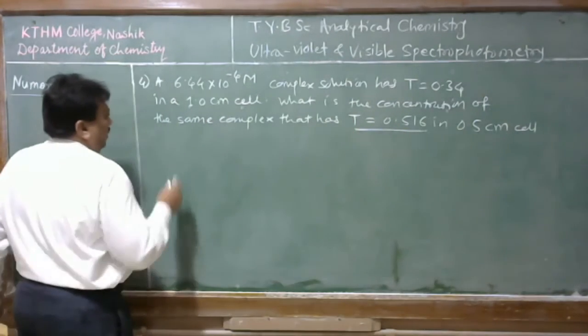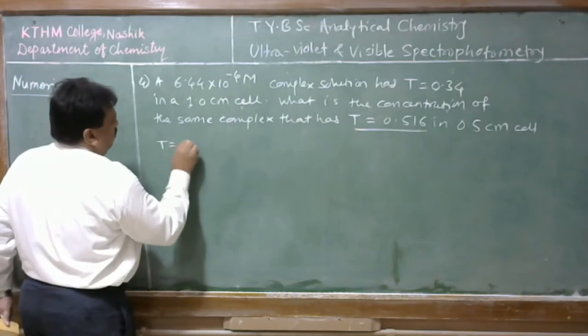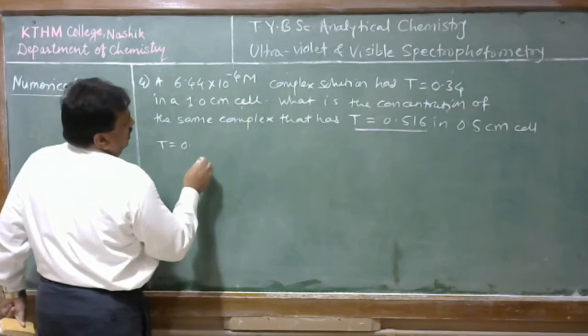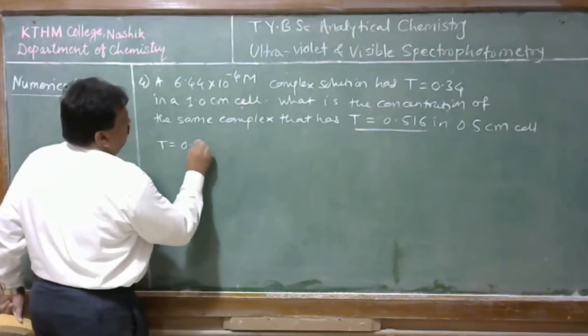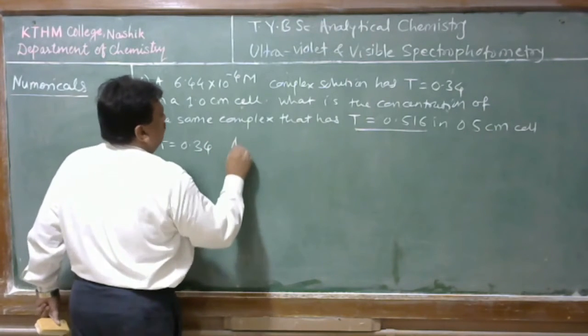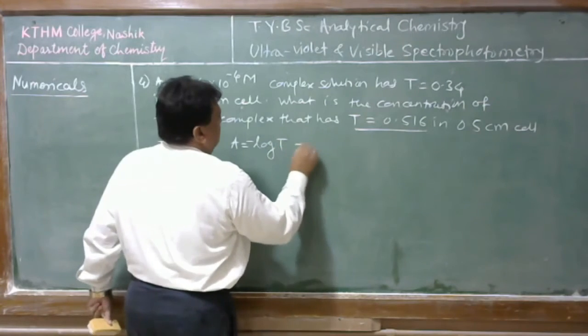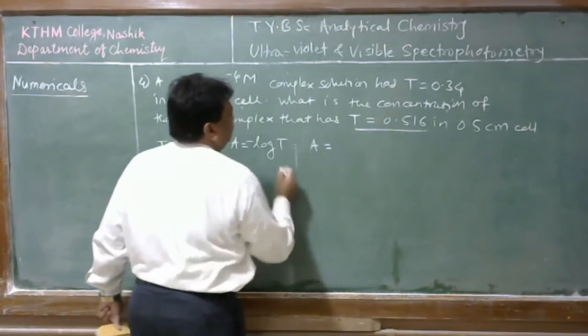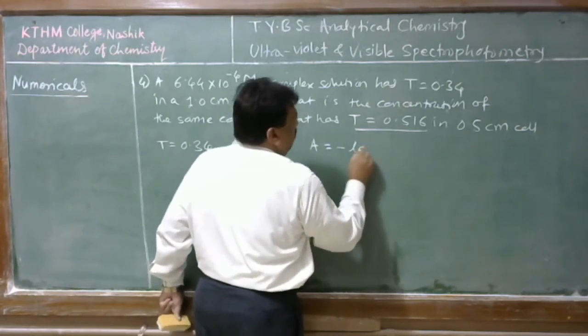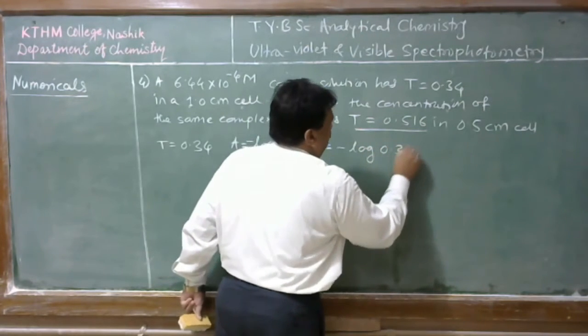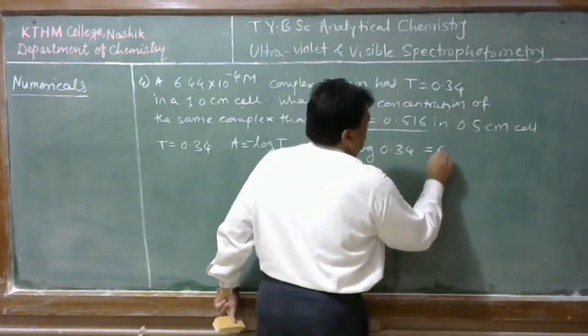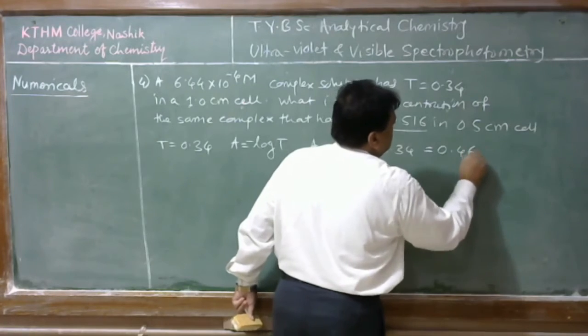Therefore, here first of all, T is equal to 0.34. This 0.34 we can use for calculation of absorbance. A is equal to minus log T. Therefore, A is equal to minus log of 0.34, and which is equal to 0.4685.